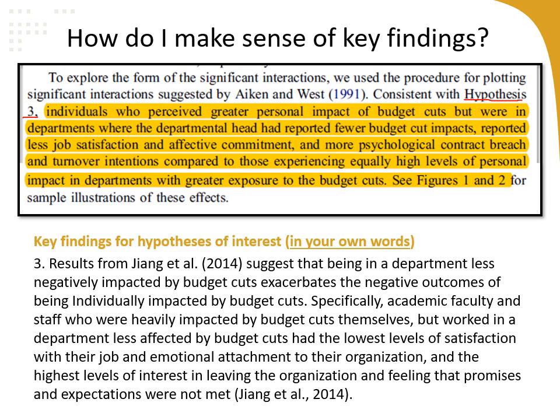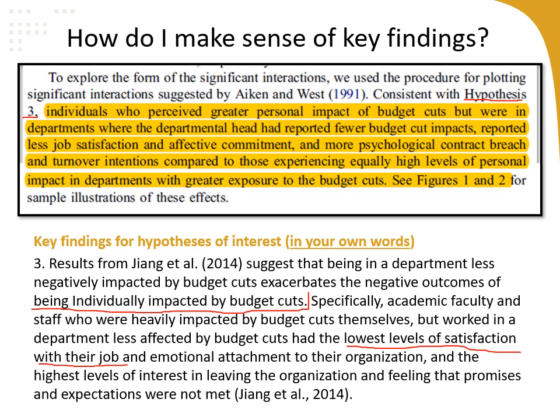Now you could technically stop there and you'd probably get full credit. It would be fine. But if you wanted to be specific, then you could get into the fact that academic faculty and staff more heavily impacted themselves but worked in a department less affected by budget cuts had the, and then mention all those things. Satisfaction with their job, right? I kind of changed it instead of saying job satisfaction.